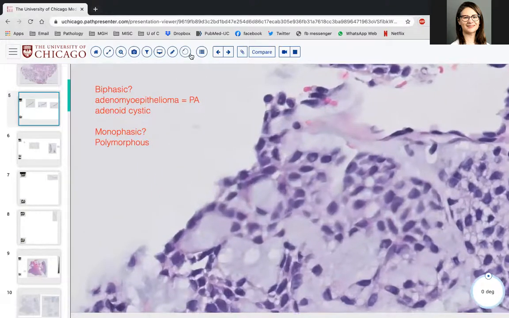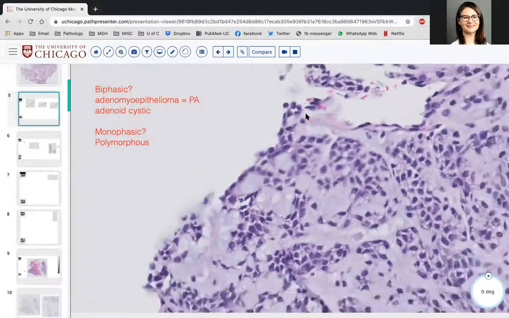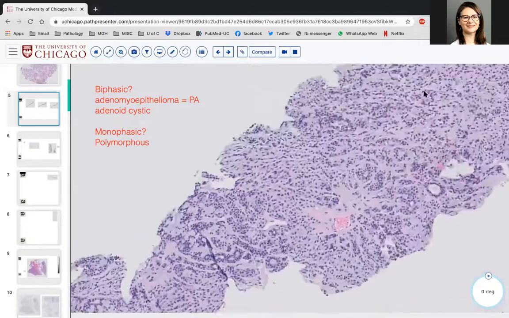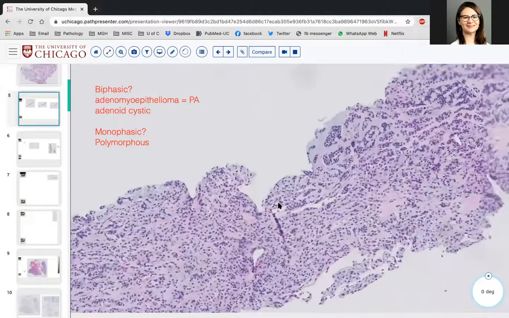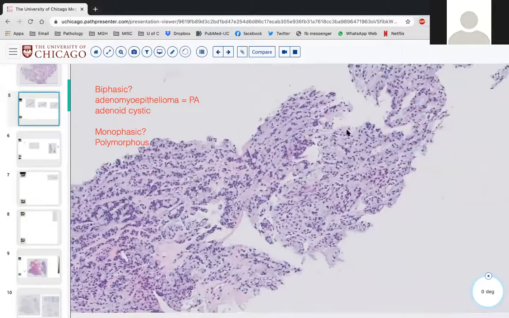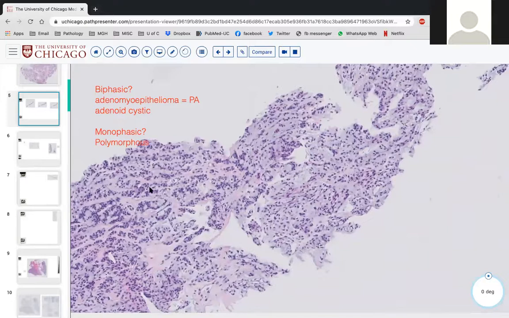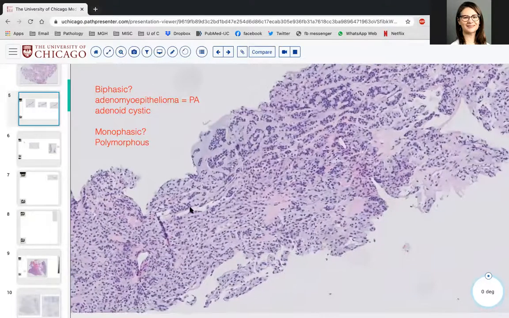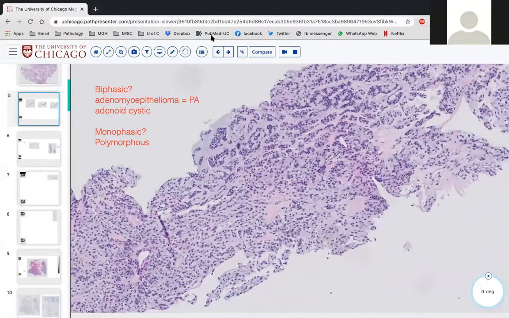But what is one other malignant biphasic salivary neoplasm? Like we could think about a basal cell adenoma, but I don't think this is what it is. Okay. For an epithelial carcinoma, yeah, those are all totally true biphasic neoplasms.